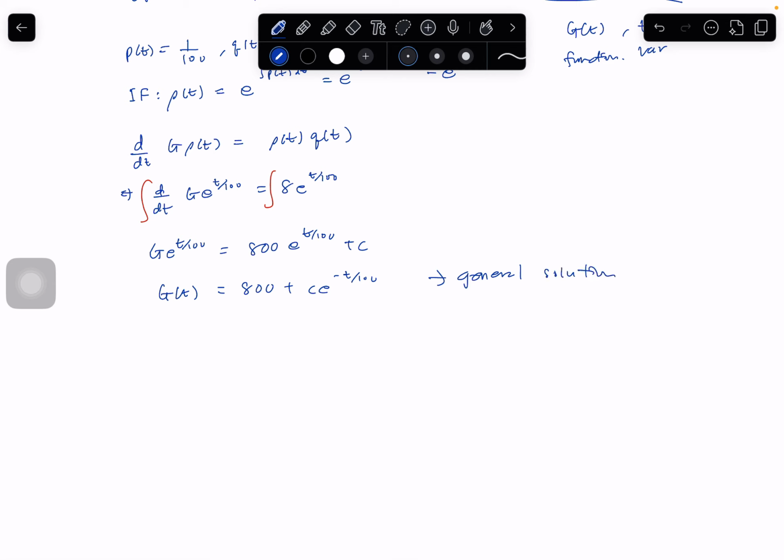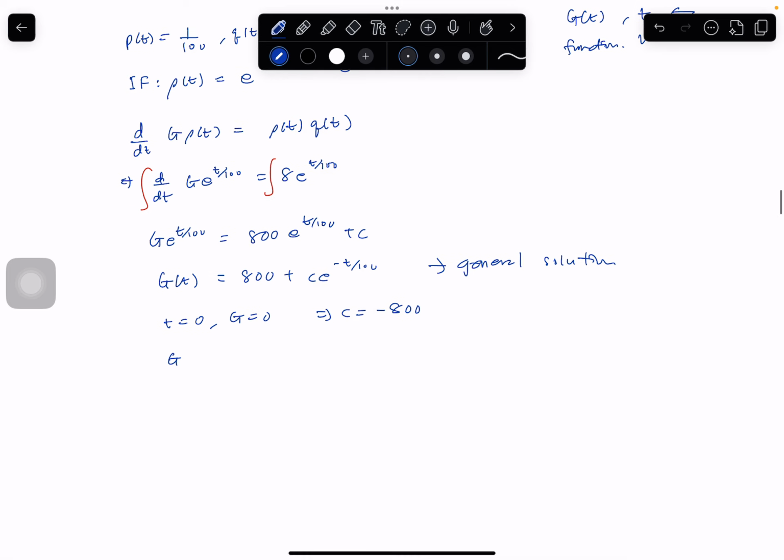So we have our IVP: when t is equal to 0, G is equal to 0. Put into the equation, so we have c is equal to minus 800. Now put back into the equation. So we have G of t is equal to 800 minus 800 e to the minus t over 100, or I can take 800 out.